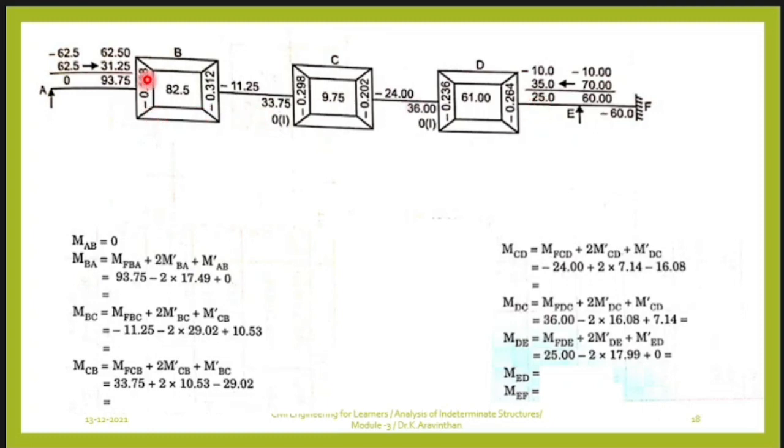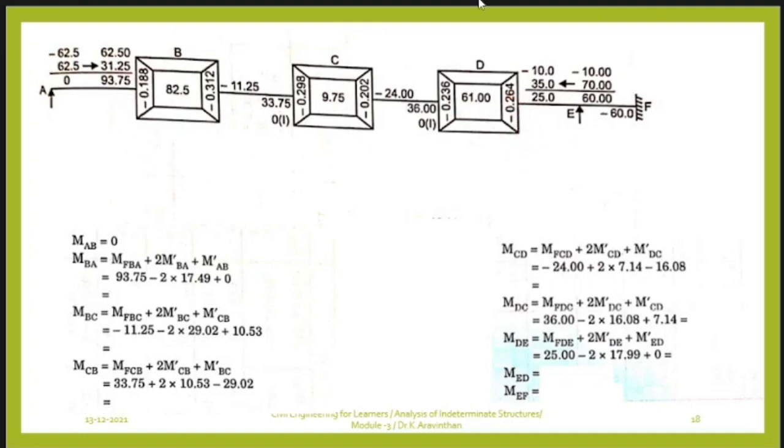And next, what you have to write on this side is the rotational factor. You got minus 0.188 and minus 0.312 at joint B. At joint C, minus 0.298, minus 0.202. At joint D, minus 0.236 and minus 0.264.